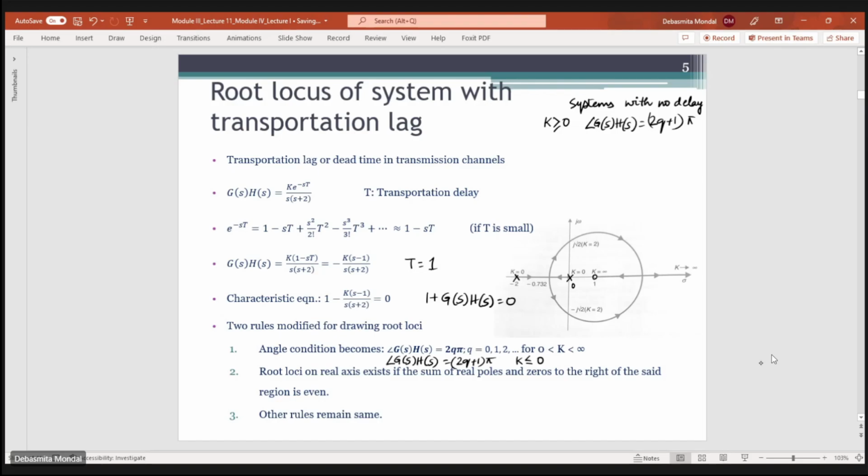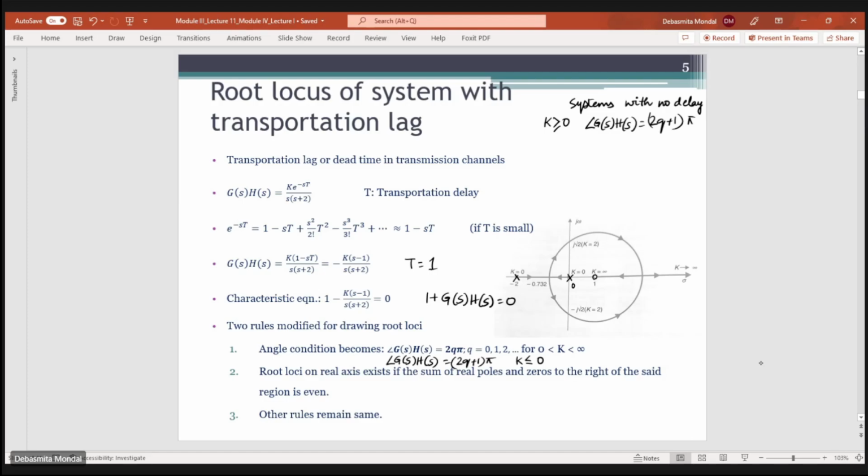Similarly, if you take the region beyond this one, there are no poles and zeros, so you can say that is an even number, so there will be root locus on the real axis on the right side. And for -2 to minus infinity, towards the right you have 1, 2, 3, an odd number of poles and zeros, so no root locus will exist on the left side.